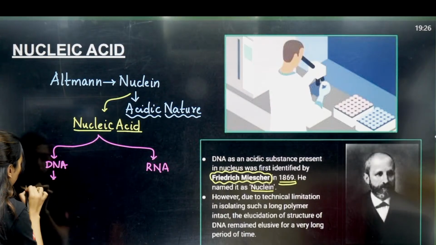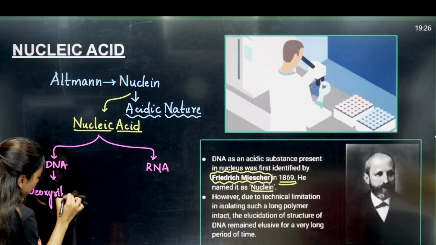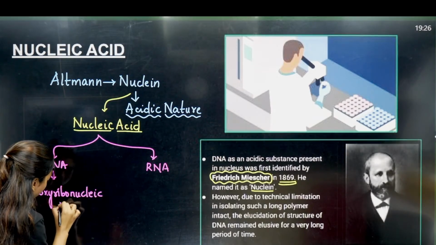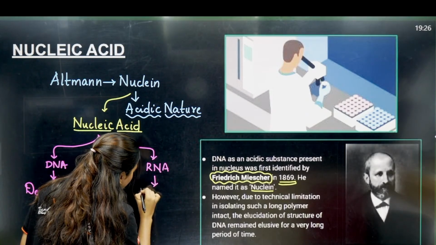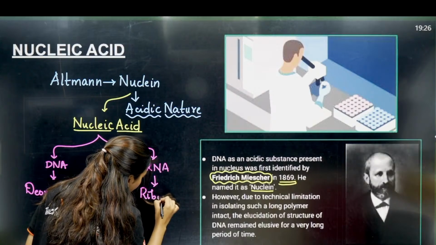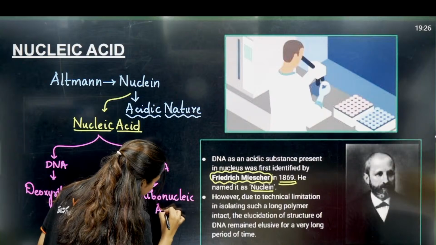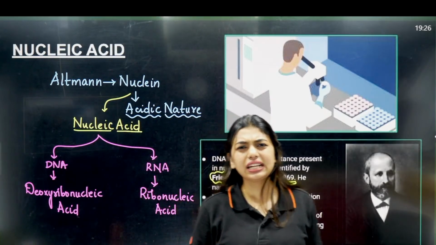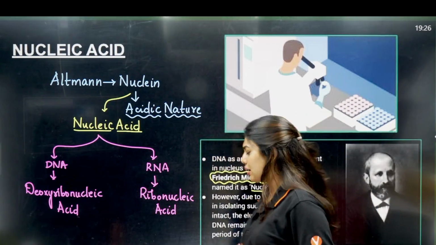DNA stands for deoxyribonucleic acid, and RNA stands for ribonucleic acid. So, when you look at the naming itself, there is something called deoxyribonucleic acid and ribonucleic acid.